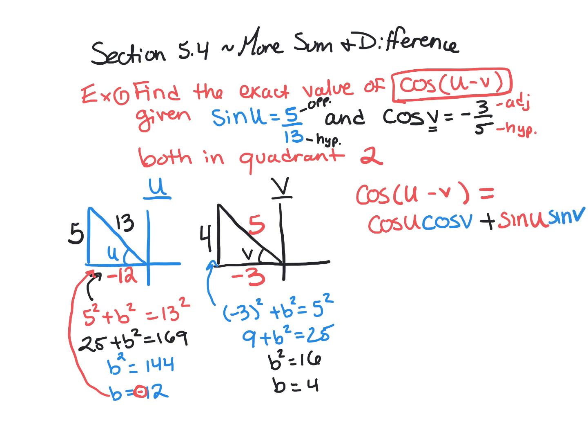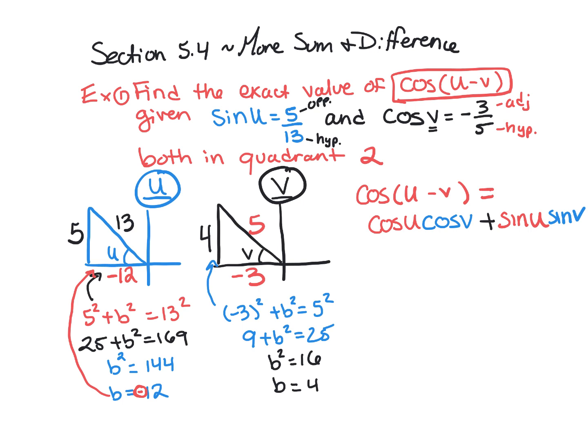Before, we were getting our sine and cosine values from the unit circle. Instead, for these types of problems, we're just going to get our sines and cosines from the triangles that we drew. Our first triangle is u, so anything with u we're going to get from that triangle. Our second triangle is v, so anything with v we're going to get from that triangle.